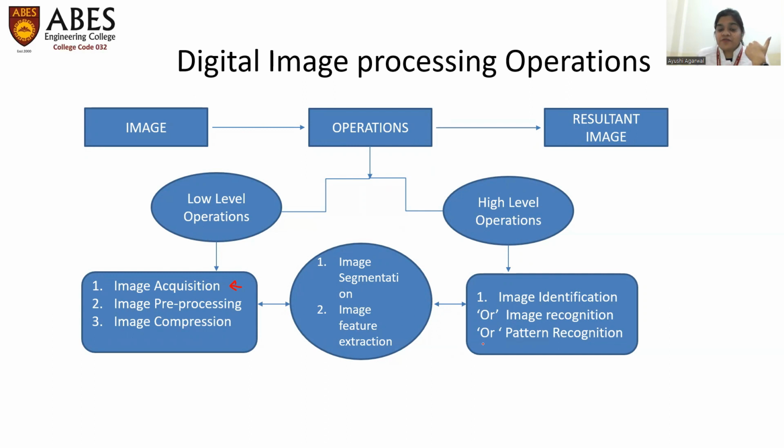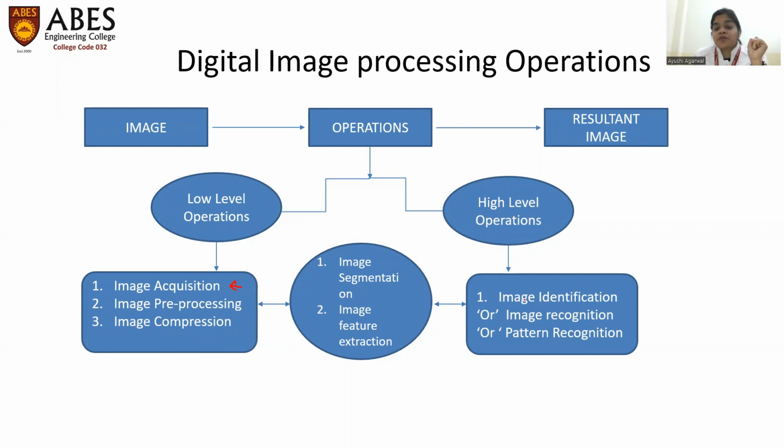So these five phases can be related to the basic model of image processing operations. In the low level operations, we have image acquisition, image pre-processing, and image compression. Image compression is a sub-process in the image pre-processing phase where we work on compressing the image. If the image is so large, we can compress it to an acceptable size.